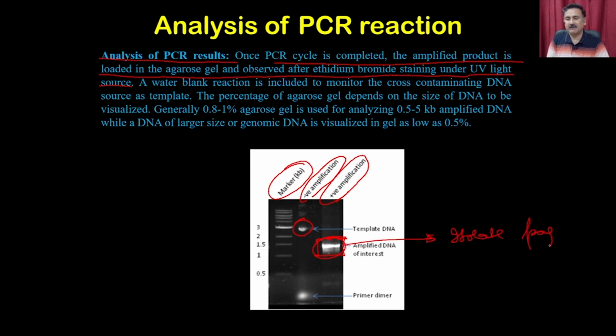Once you isolate the fragment, you can put it into the cloning reactions, or into the cloning vector, and that's how you can use it for protein production. So this is all about the PCR, how you can set up the PCR, how you can design the primers, and so on. With this, I would like to conclude my lecture here. Thank you.